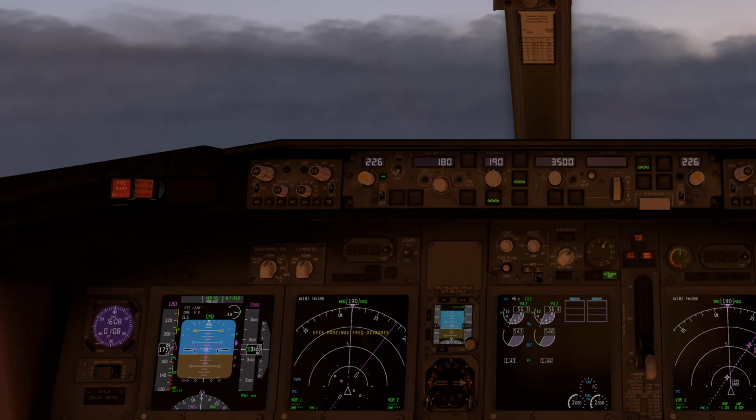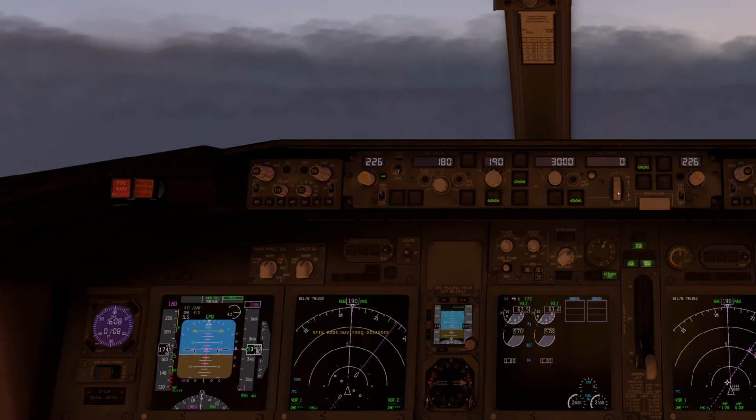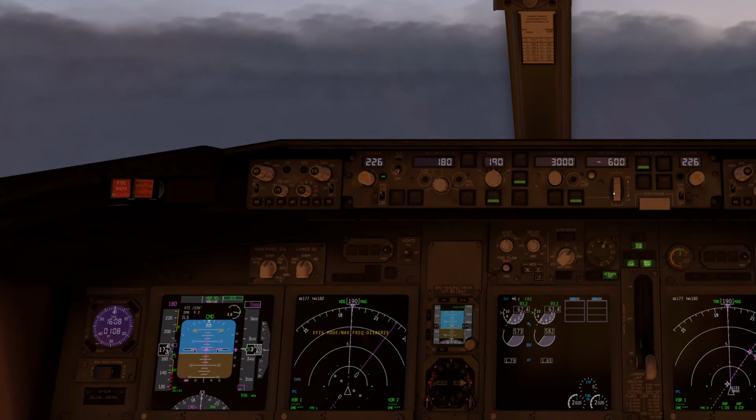Gear down. We descend a little. 1,000 to go. Descending with the glide, and localizer is active.